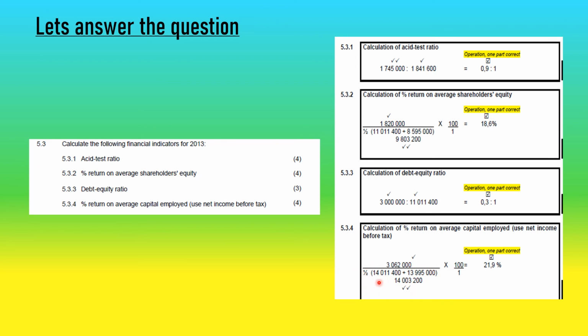Remember, this is your opening balance plus your closing balance of both your loan and your equity, multiplied by half. What I like doing, just like in this question, is to add up my loan and equity for the beginning of the year and for the end of the year, and multiply it by half to get an average. That is the easiest way to calculate it.